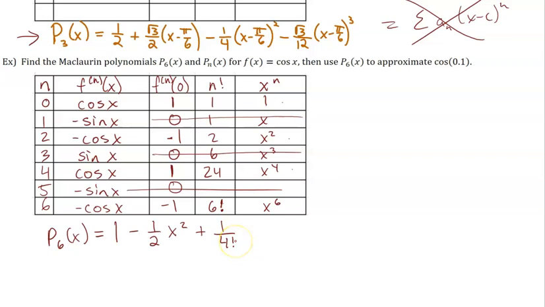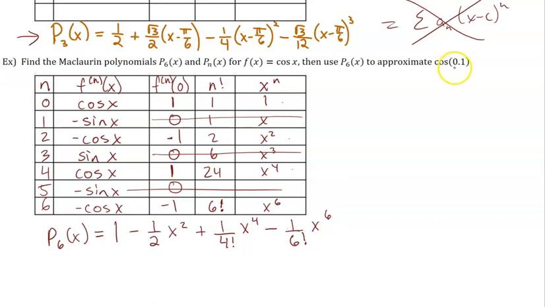If you want to write 24, that's fine too. And then x to the 4th, and then minus 1 over 6 factorial x to the 6th. Okay, and then we can just stop here. We don't need to expand those, that's fine.